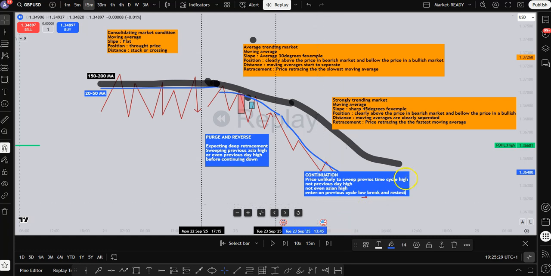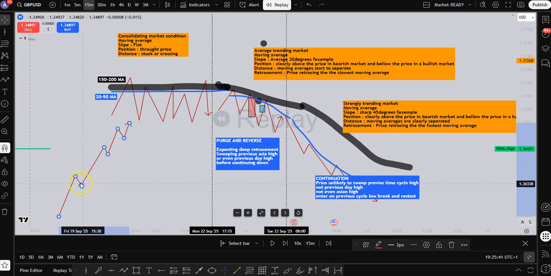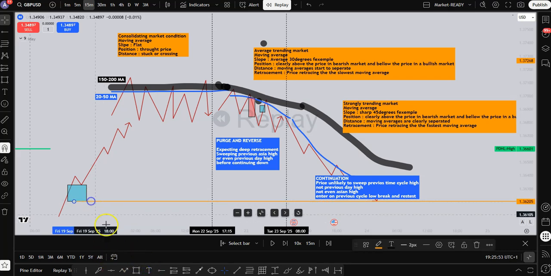I had this experience with gold. For a week, gold was having an extremely strong trend, and I was always expecting price to sweep the Asian low.